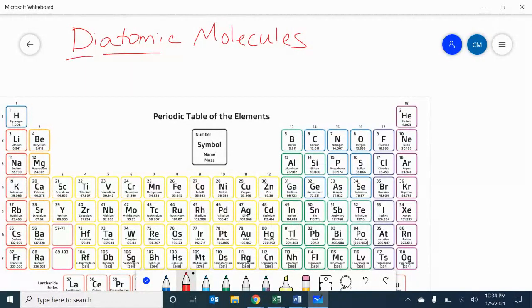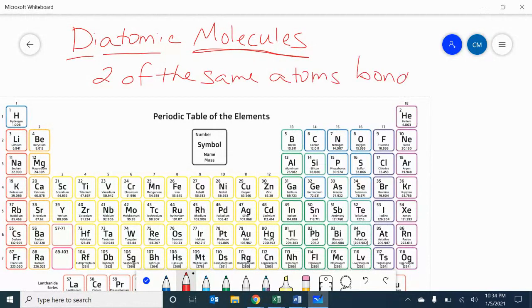Atomic, atoms. Molecules means the sharing, the other term for covalent compounds. So we got two atoms sharing, all right? Specifically, two of the same atoms bonded together.